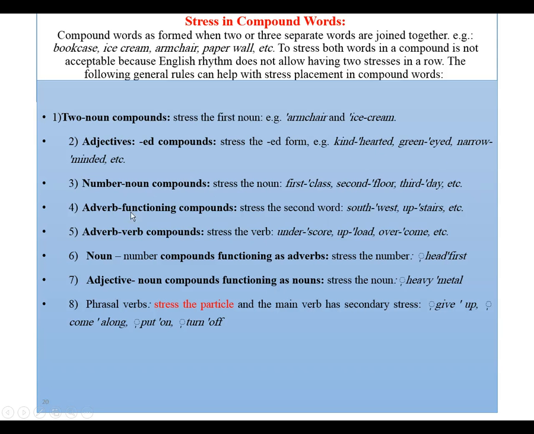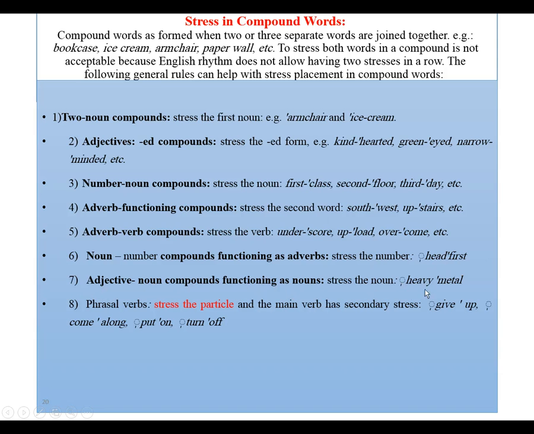Number 4, adverb functioning compounds. Stress the second word: southwest, upstairs. Number 5, adverb verb compounds. Stress the verb: underscore, upload, overcome. Number 6, noun plus number compounds functioning as adverb. Stress the number: head first. And number 7, adjective plus noun compounds functioning as nouns.